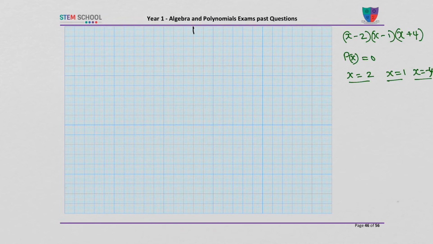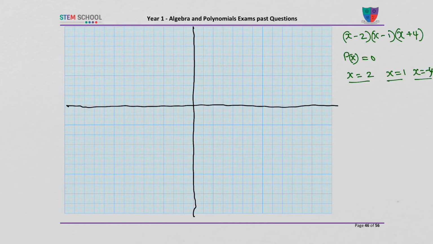So we draw the graph, and then x. So that's the y-axis, x-axis. The equation of the x-axis is y equal to 0. For the y-axis, the equation is x equal to 0. We're looking for the coordinates of x equals 1.